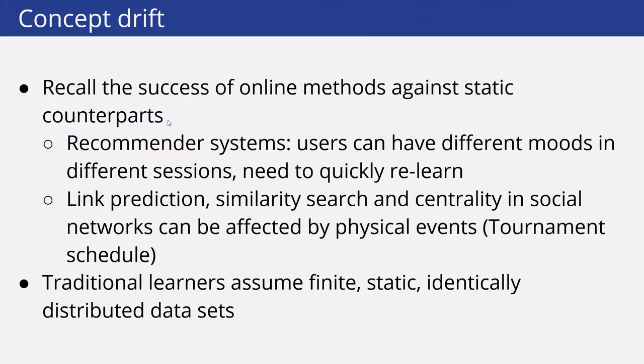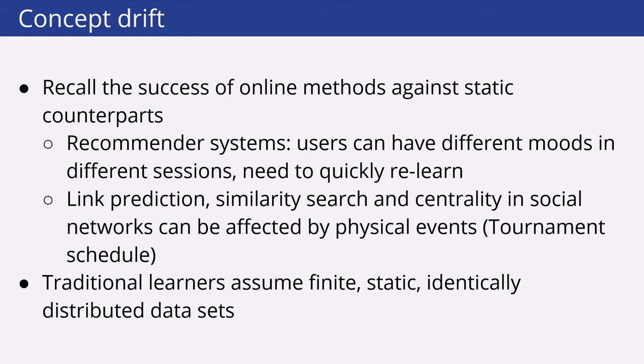The last concept I'd like to introduce is concept drift. Let us recall the success of online methods against their static counterparts in two applications. One was recommender systems. Users can have different moods in different user sessions, and we need to quickly relearn, for example, the user's current mood and taste.